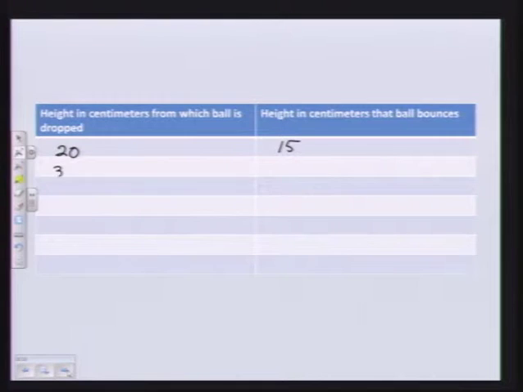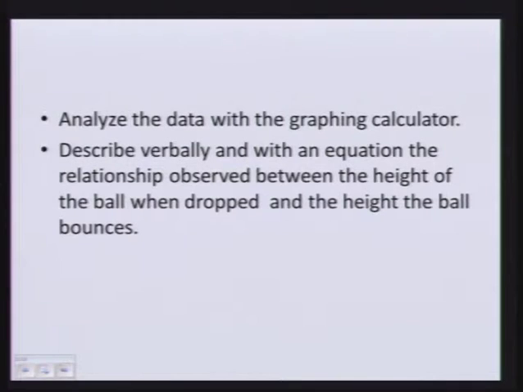When I dropped it from 30, it went up to about 23. And again, how far it would actually bounce is going to depend on the surface you're bouncing it off, so we're holding that constant. So you would continue collecting several data points and then ask yourself, does this look like it's a linear relationship or not?